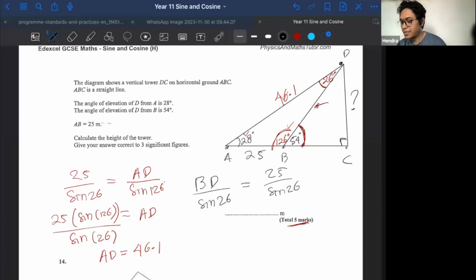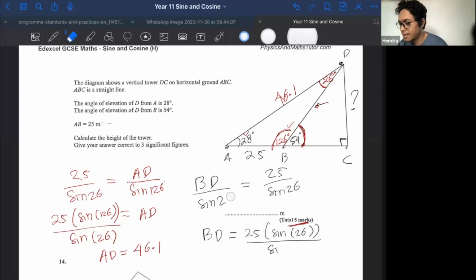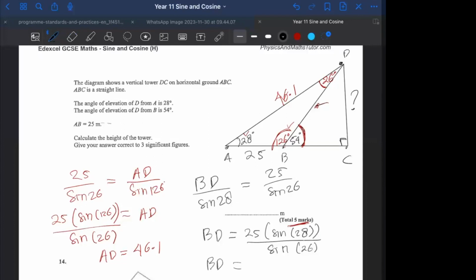So BD is 25 times sine 28 over sine 26. Sorry, this is 28. What is BD?